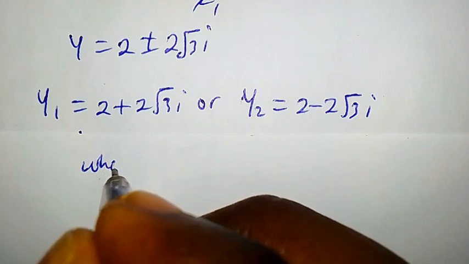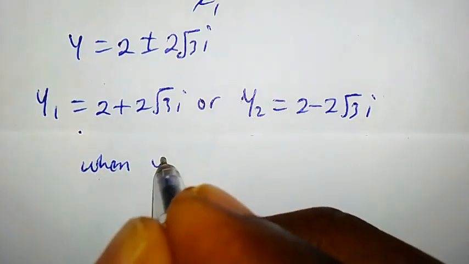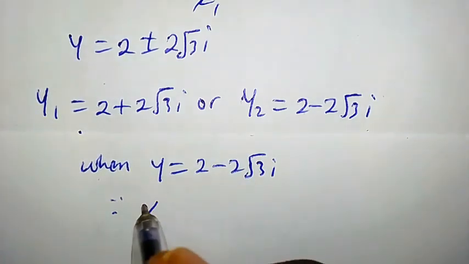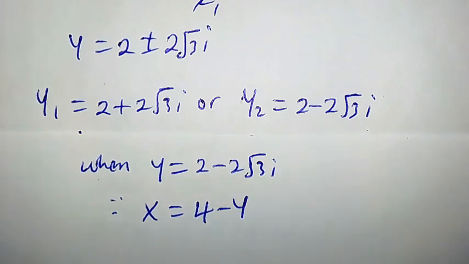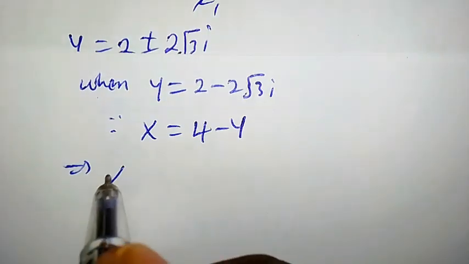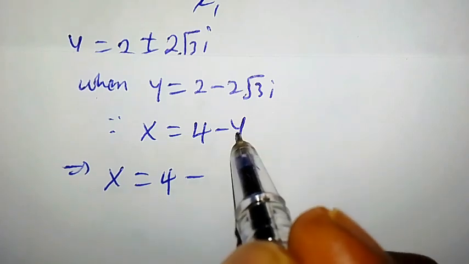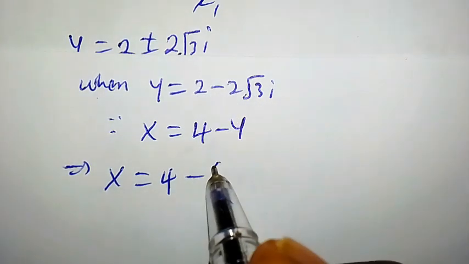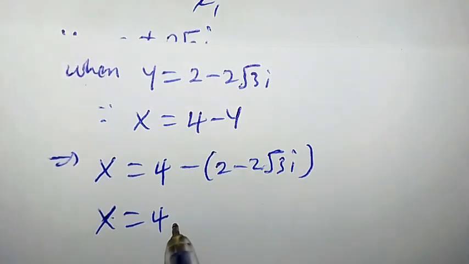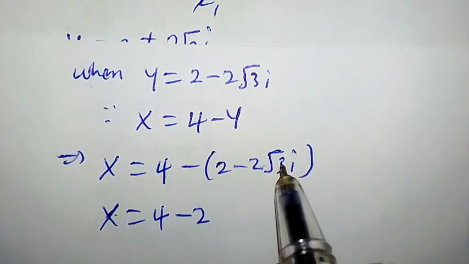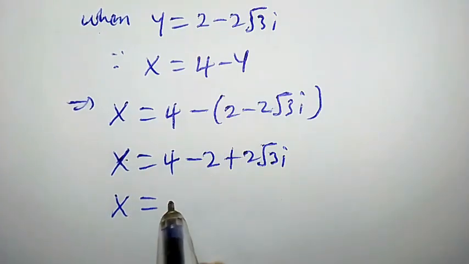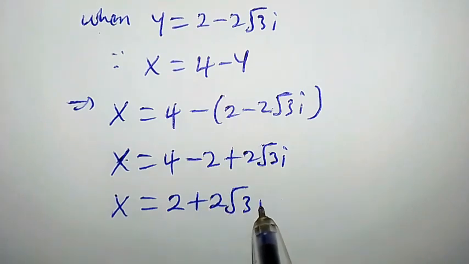When y2, which is the same thing as y, equals 2 minus 2 root 3i, since x equals 4 minus y, from this guy, this implies that x equals 4 minus, what is y now? y now is 2 minus 2 root 3i. x equals 4 minus times 2, that is negative 2, minus times minus 2 root 3i, that is plus 2 root 3i. x equals 4 minus 2, that is 2 plus 2 root 3i.